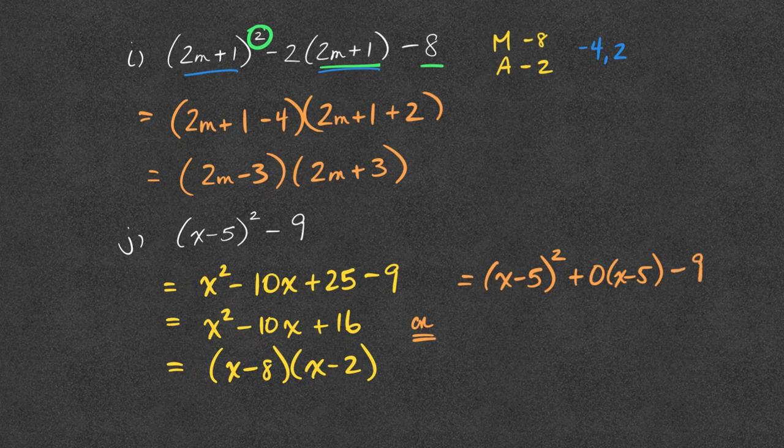And then my minus 9. That maybe I could view that expression as, hey, two numbers that multiply to give 9 and add to give 0.